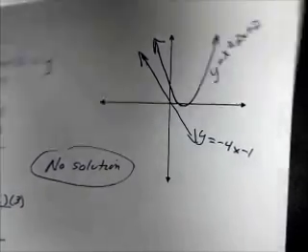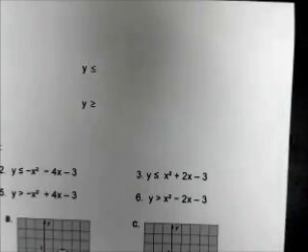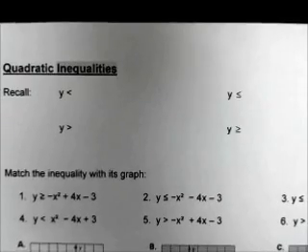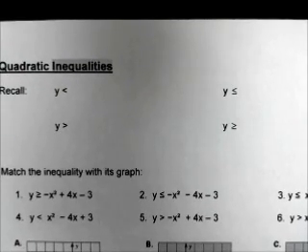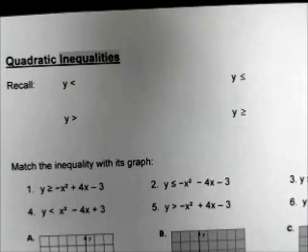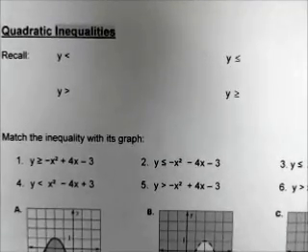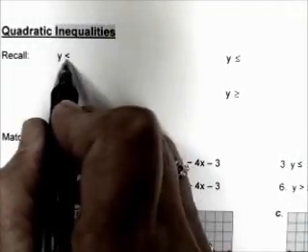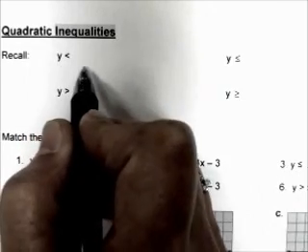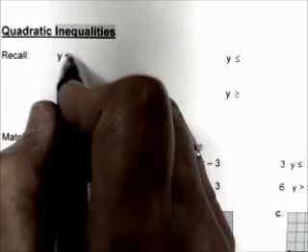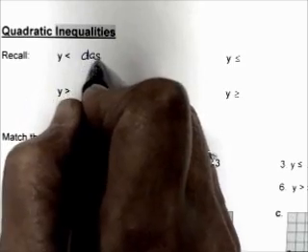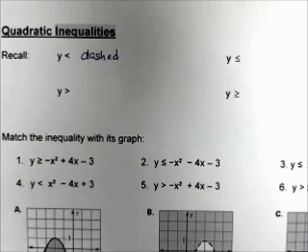And the last page, page 11, we get into quadratic inequalities. Recall, if we have y is less than our function, for less than, our graph is going to be dashed. It's not solid. It would be a dashed graph or dotted graph.